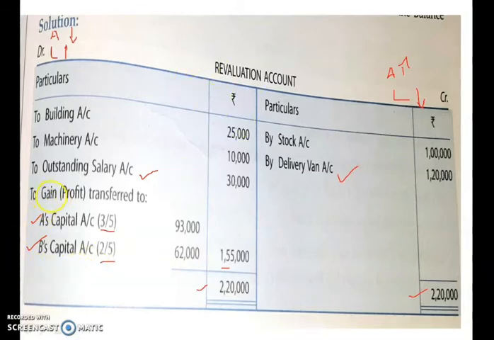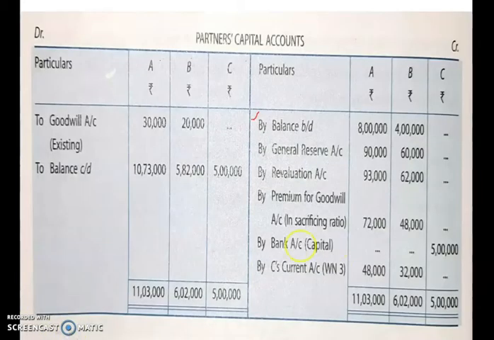This is a profit, so that has to be shown under partners. This is your third item which you are supposed to show in the partners' capital account. So the first item we finished, the second item we finished, and now the third item is by revaluation account, and the calculated revaluation profit we will write and distribute to A and B. This was done in their old profit sharing ratio, with general reserve also in the old profit sharing ratio.